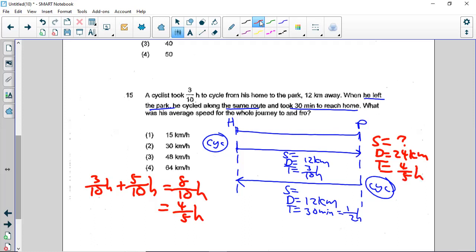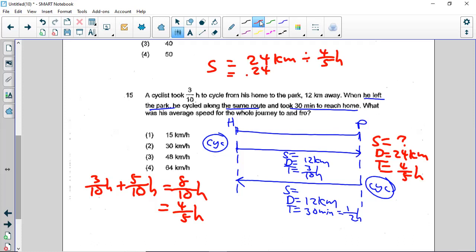Okay, so can we find the average speed for the whole journey? Yes, speed is equal to distance divided by time. So you take 24 kilometers and divide by 4/5 hour. So how do you divide fractions?